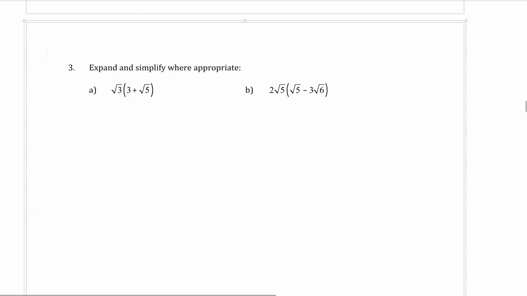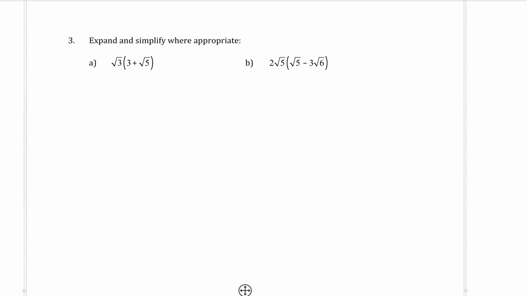All right, question 3. We then want to move into expanding brackets that involve surds. Now, again, algebra, right? It's all your same algebra rules for expanding stuff out. This one is going to be a distributive law, we call that, where I multiply what's out the front by each thing inside the bracket.